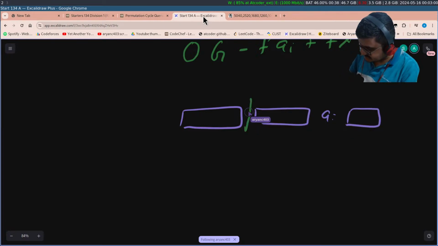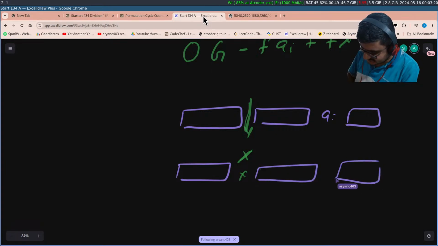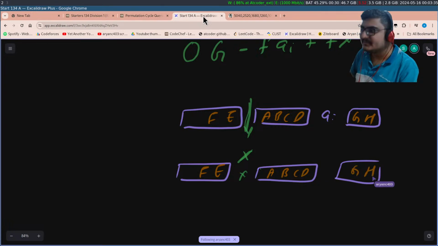And if the sequence jump is an insertion here, then you can see the new sequence looks like this: X, these elements here, and these elements here. Let's say we have A, B, C, D here, E, F, G, H. Then the new sequence becomes E, F, A, B, C, D, G, H.